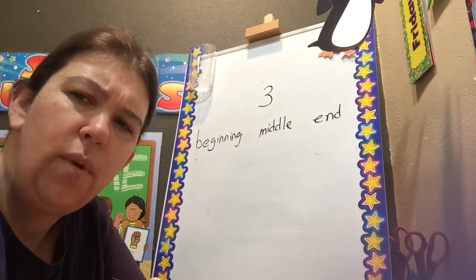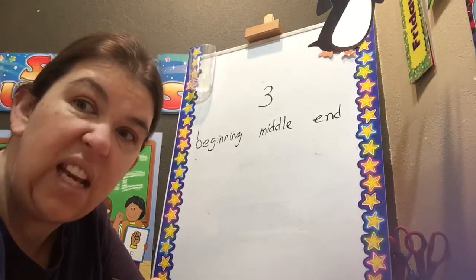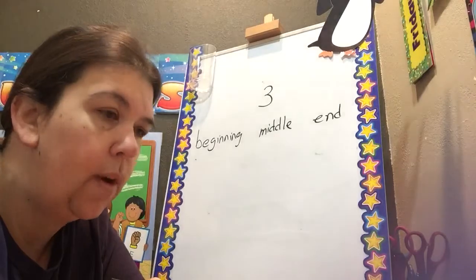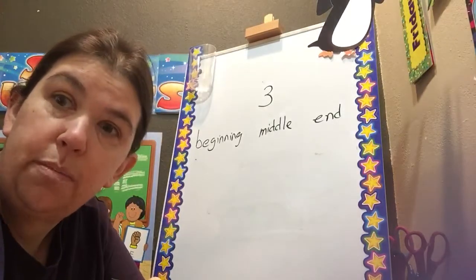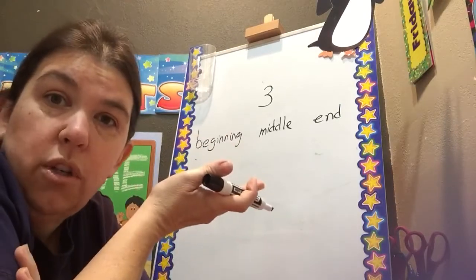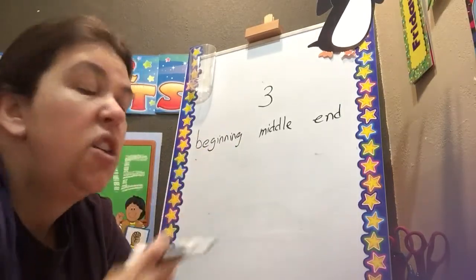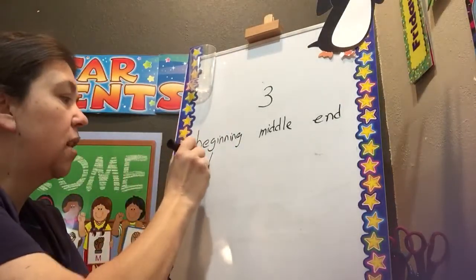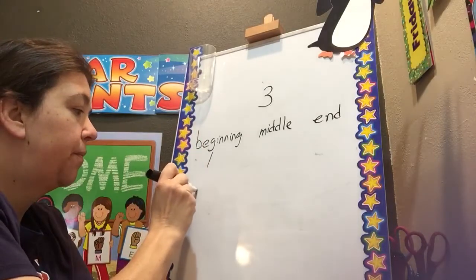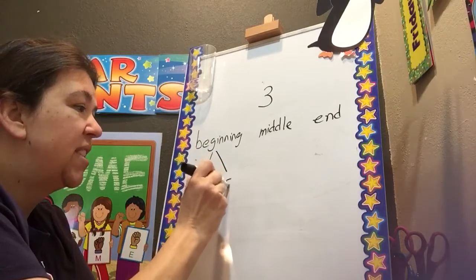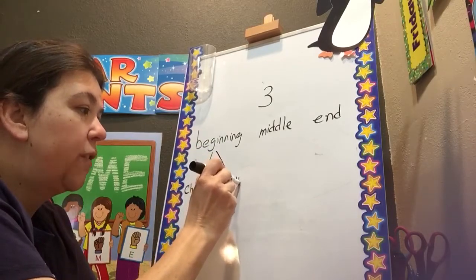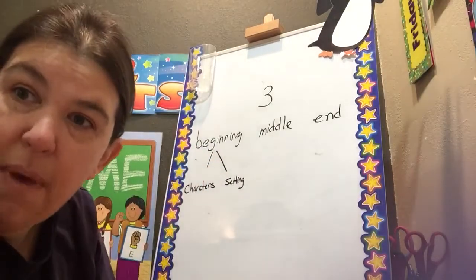So what do we focus on in the beginning? Yes, you got to introduce me to your characters. You got to tell me who your story is about and where it is. So the beginning, we want to focus on our characters and our setting.